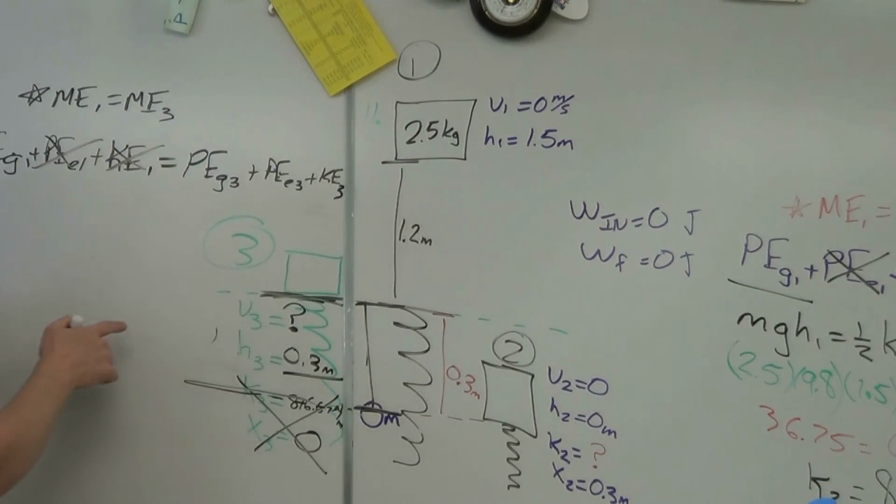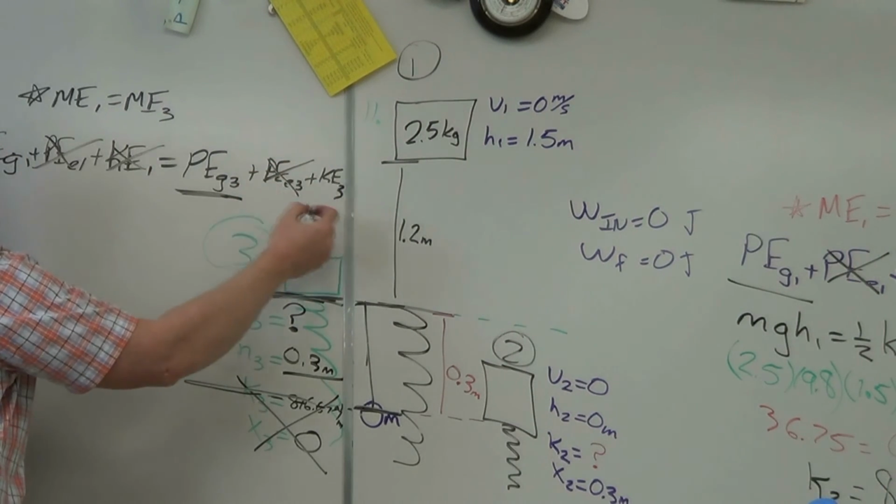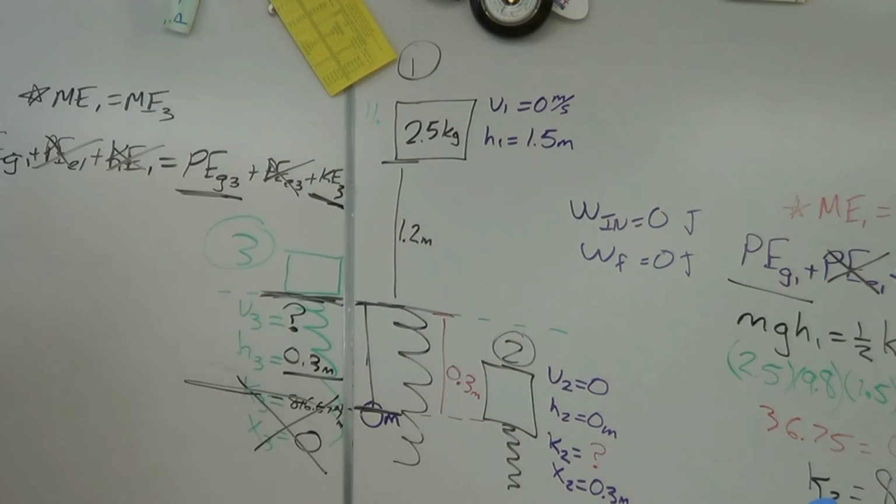and then when we look at location 3, PE3, at location 3 there is a height. At location 3, there is no spring. And at location 3, it is moving. So it'd be PEG1 is equal to PEG3 plus KE3.